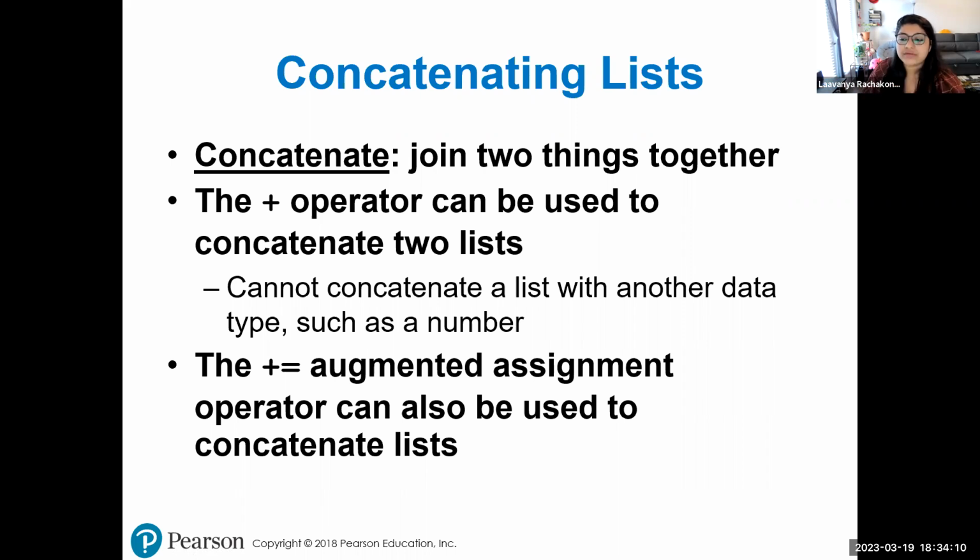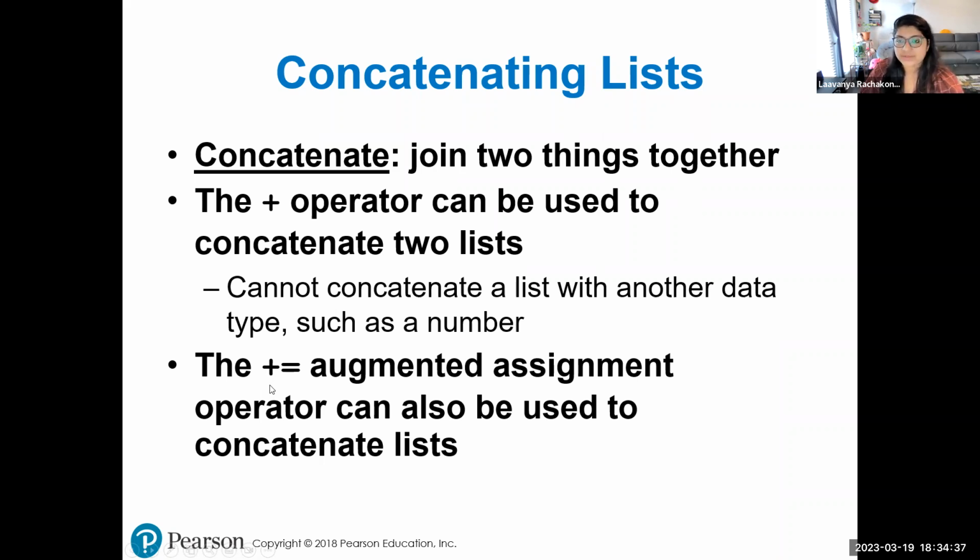So you have to be careful that you are using the same data types. Lists can only be concatenated with lists. You cannot concatenate a list with a string or a list with an integer. It will give you a type error, because you are trying to perform an operation between two different data types. You can also use the augmented assignment operator for concatenation.